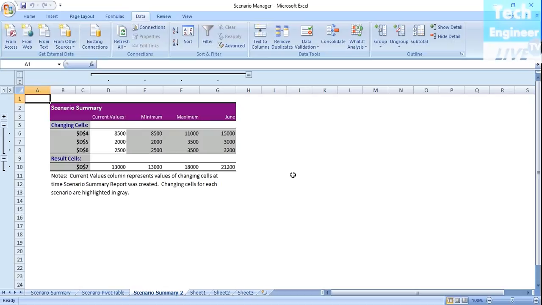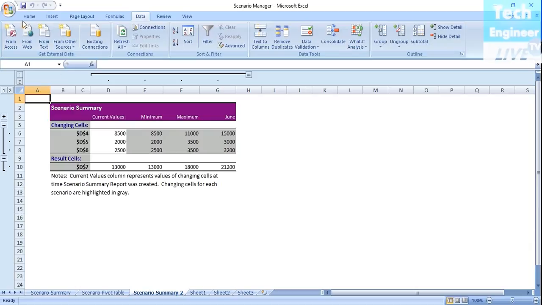So these are the three scenarios we have as of now: either the minimum, the maximum, or the current value.